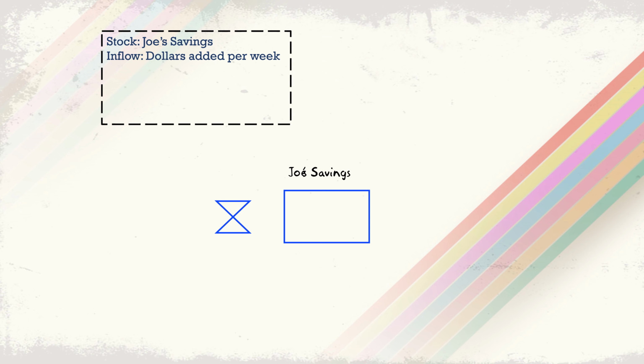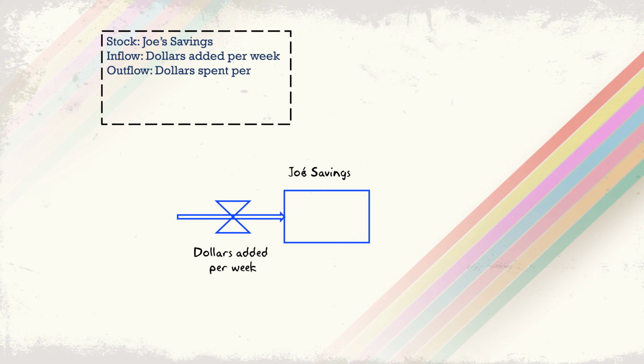Based on the situation, we need to identify our components for the stock and flow diagram. The first one is the stock, which is Joe's savings. So we draw it like this and label it Joe's savings. Then we have the inflow, which is dollars added per week, so it comes into Joe's savings.